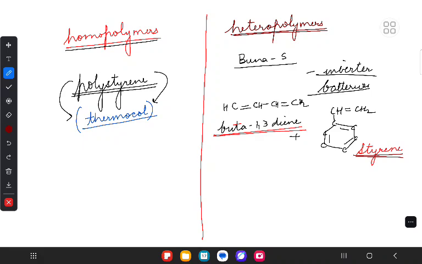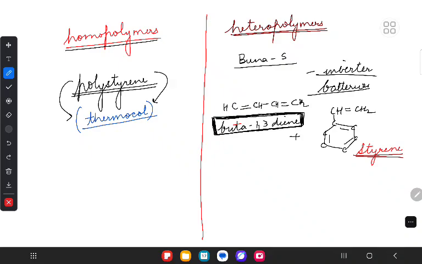Yes or no? Understood. So that's the basic idea we have. Got the point or no? Got it?